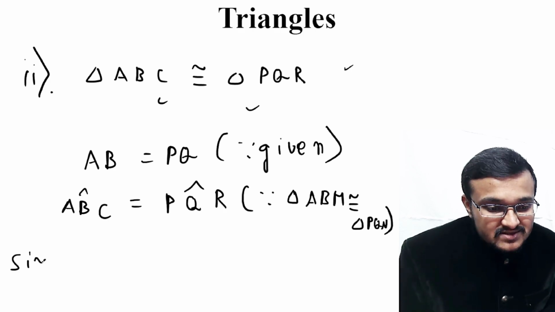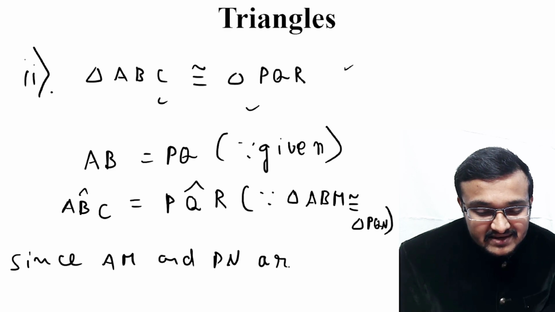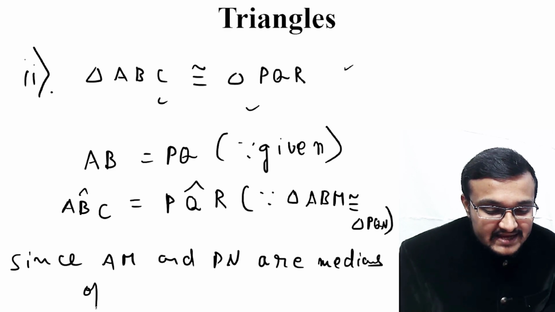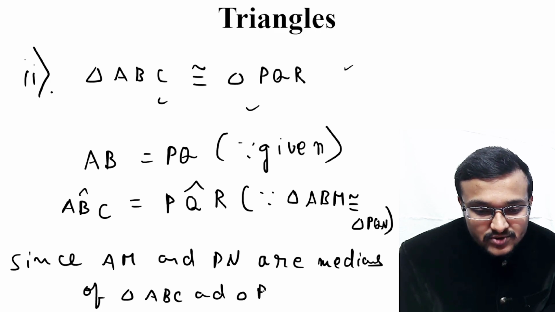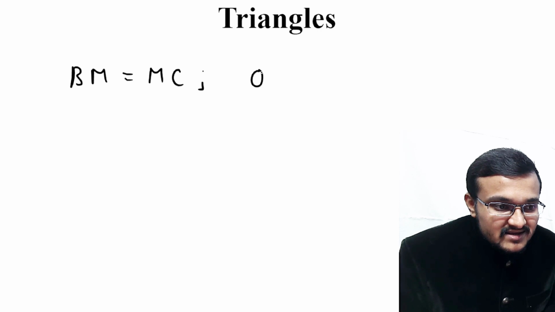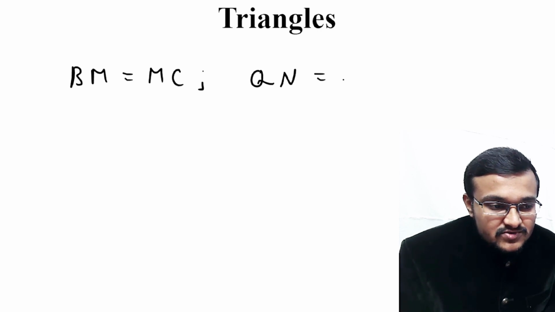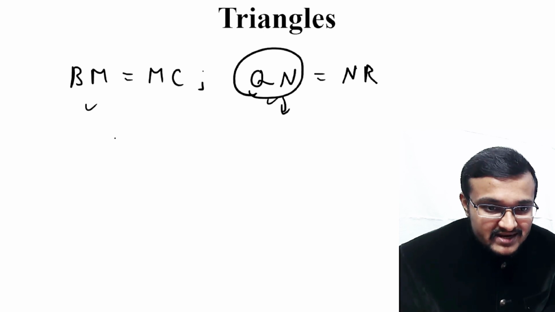So since AM and PN are medians of triangle ABC and triangle PQR, since these two are the medians, therefore BM will be equal to MC. Similarly, QN will be equal to NR. So BM is equal to MC and QN is equal to NR.